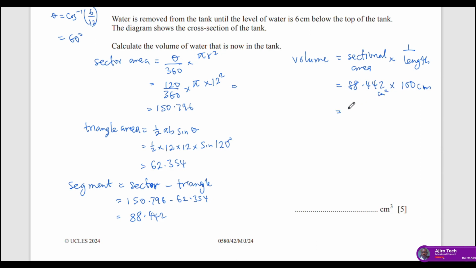So everything should be 8844.2 cm cubed. I can write this as 8844.2 cm cubed, or I can say 8840 to 3 significant figures. Understood, because if your answer is a recurring decimal, you can write it in three significant figures.